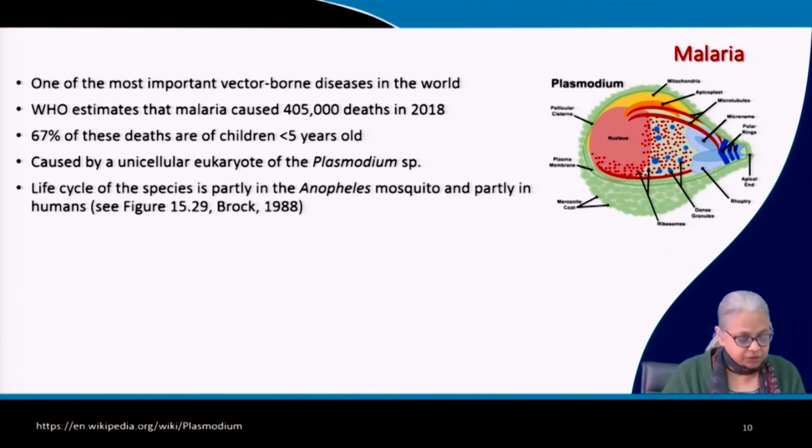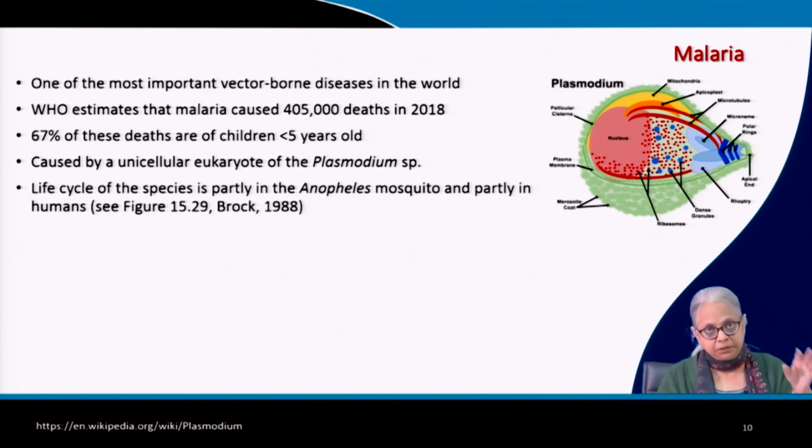And these sporozoites will be released, and when the mosquito bites another human being, these sporozoites will be injected into the blood of that person, from where they will be transferred to the liver, and they will enter into what is called the exoerythrocytic stage, and it will form many other types of cells and cause infection of the red blood cells. So that is the life cycle of the malaria disease. And you can see part of the life cycle is completed in the gut of the Anopheles mosquito and part of it in the human infected person.